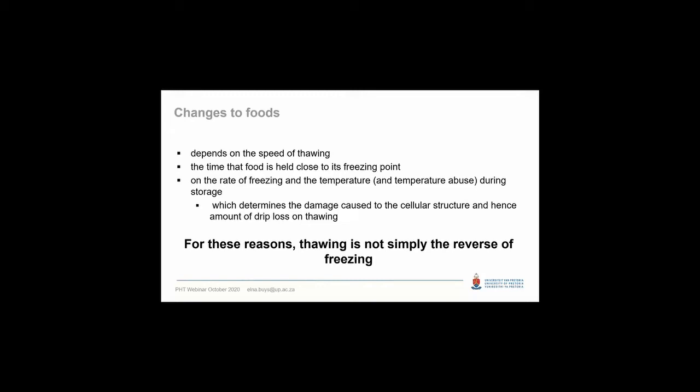For these reasons, it is important to note that thawing is not simply the reverse of freezing. This must be included in your food safety program or your GMPs. It must be considered fully in terms of critical control points and control points.